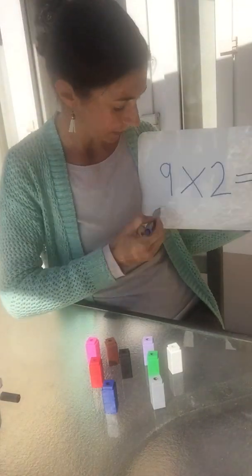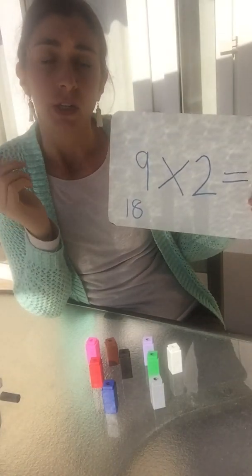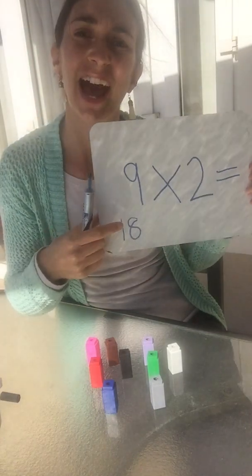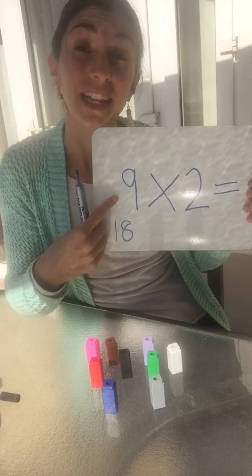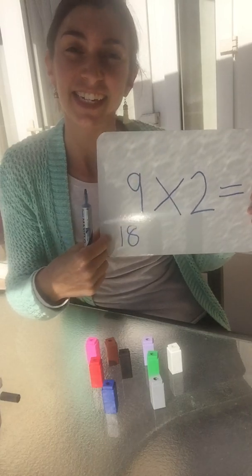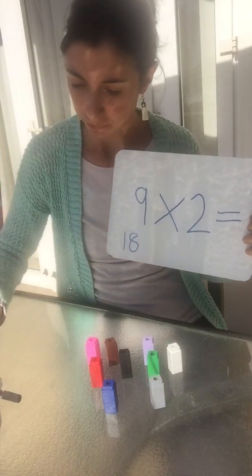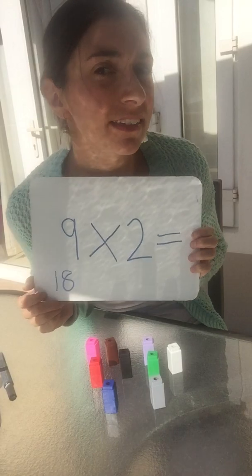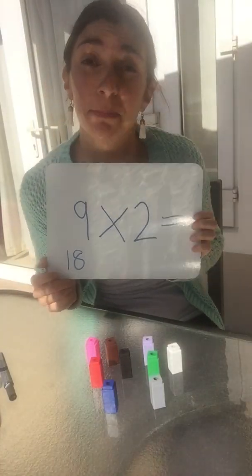And that gave me the answer of 18. So 9 groups of 2. What do you notice about the 9 and the 18? Double 9 is 18. So timesing by 2 is very, very special. Timesing by 2 is the same as, I hope you said it out loud, it's the same as doubling.